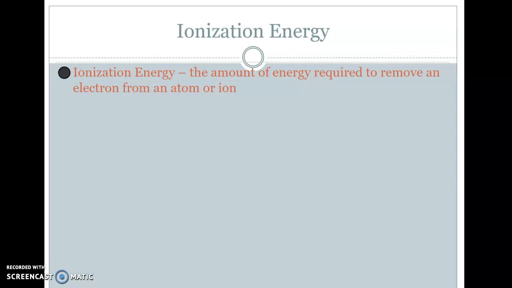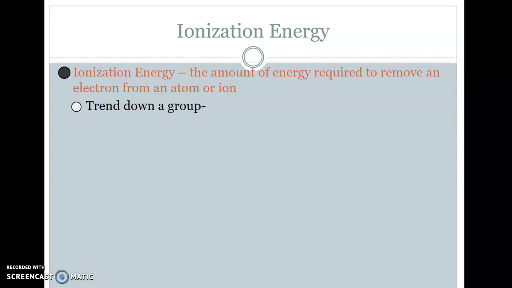So we're going to look at the trend as we go down a group first. Now remember, as we go down a group, each row that we go down is adding an extra energy level. You're adding layer upon layer, which means that the valence electrons, which are the electrons that would be removed, are farther and farther away from the nucleus.